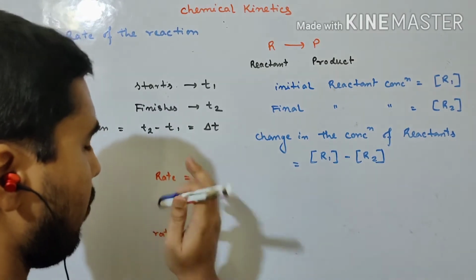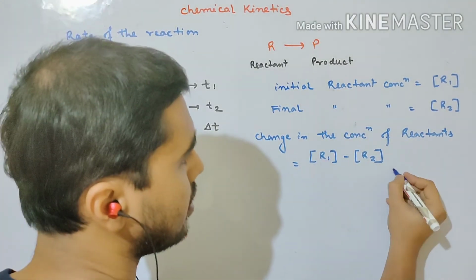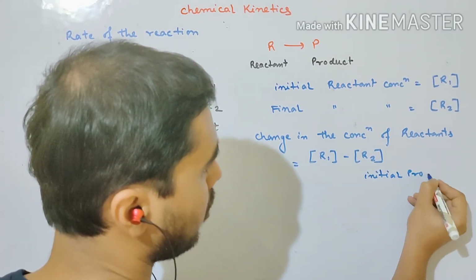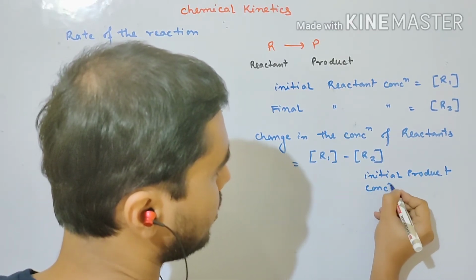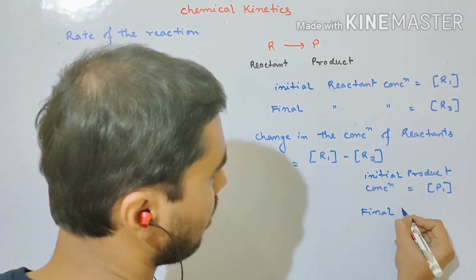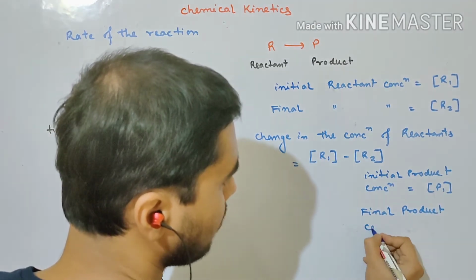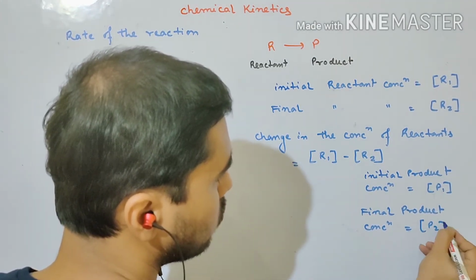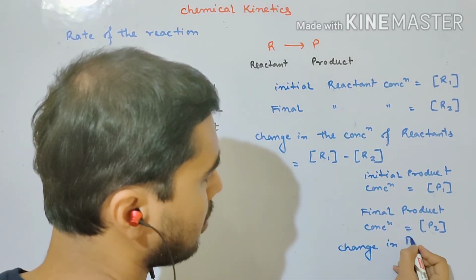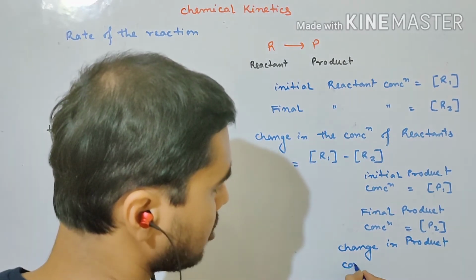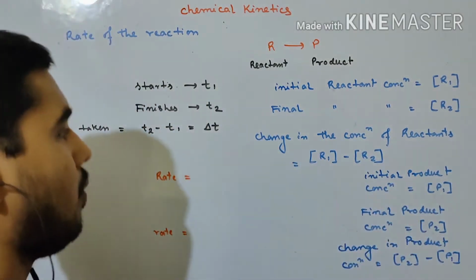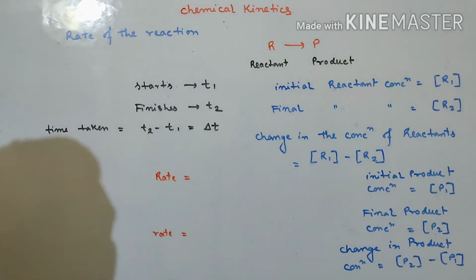And before I write this, similarly, if the initial product concentration is P1 and the final product concentration is P2, then the change in product concentration obviously is the concentration of P2 minus the concentration of P1. So we have mentioned all these things. Now let us talk about rate.